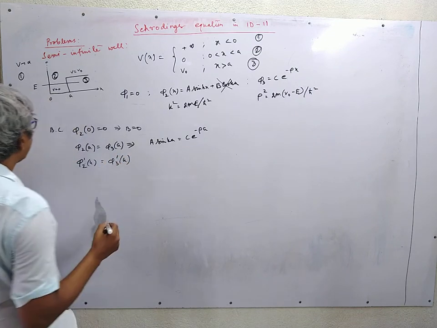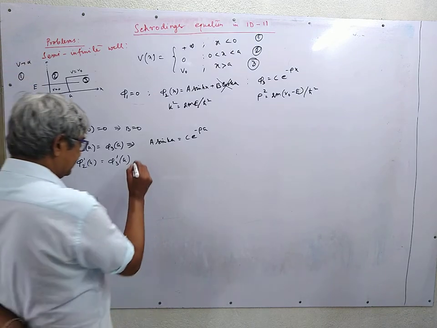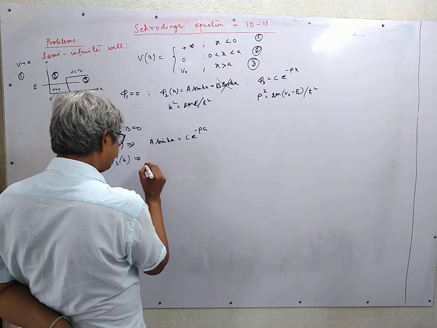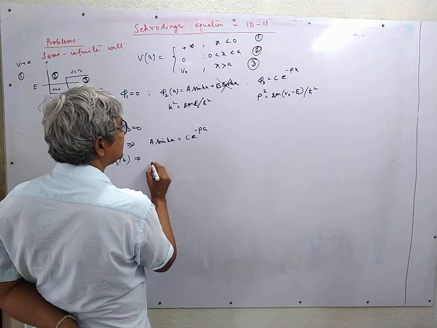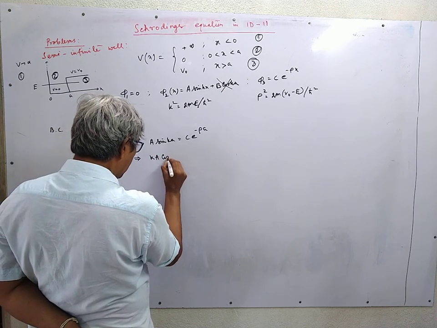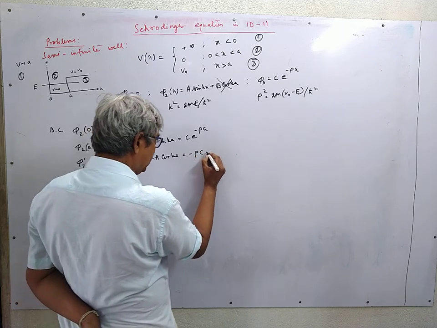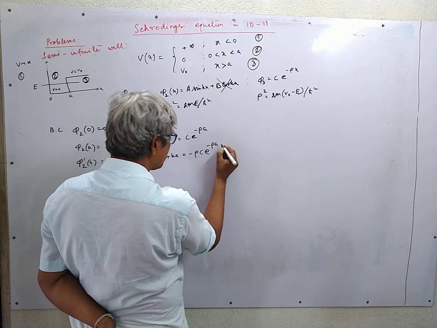We can use the continuity condition of phi prime at x equal to a here, because there is no impulsive force acting over there. So it is Ak cos ka equal to minus rho C e to the power minus rho a.